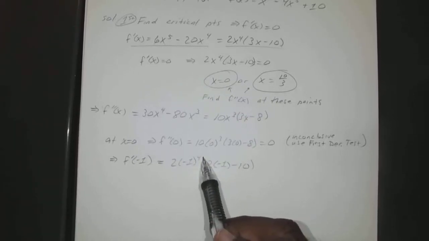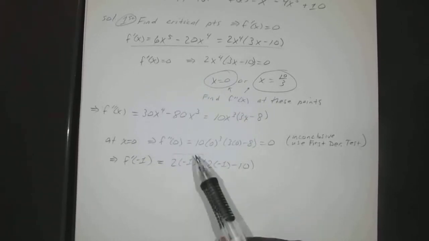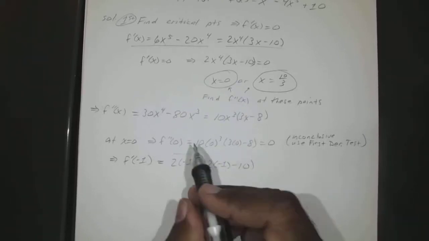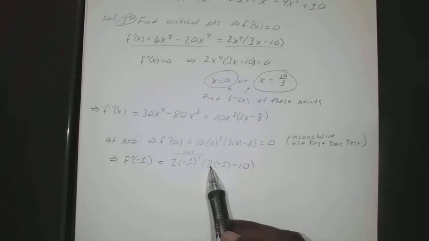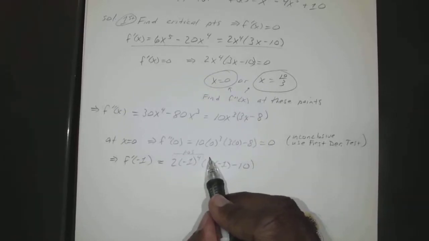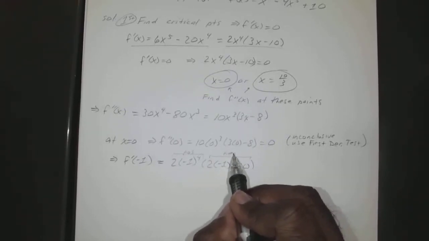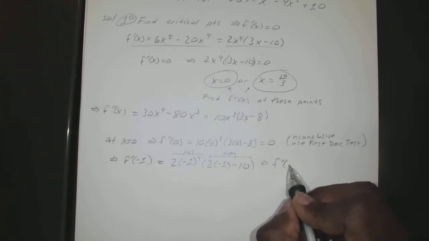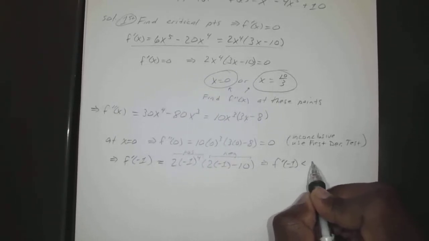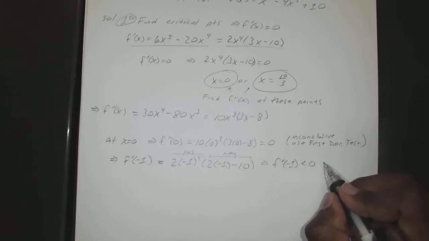Okay, so we know here that's going to be positive because you have negative 1 to the 4th. And this is going to be negative because you have negative 2 minus 10. So you know that f prime of negative 1 is less than 0.